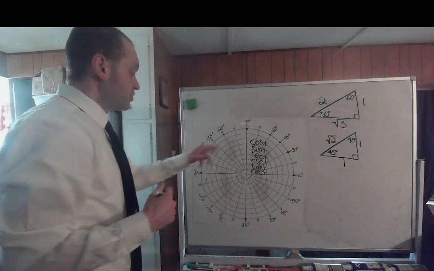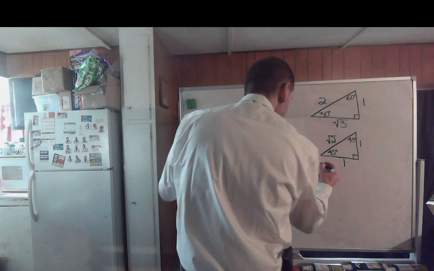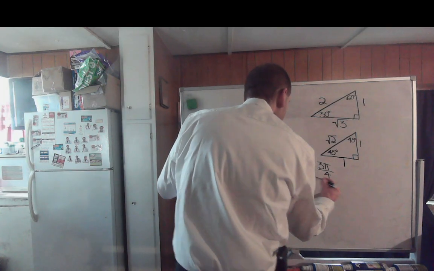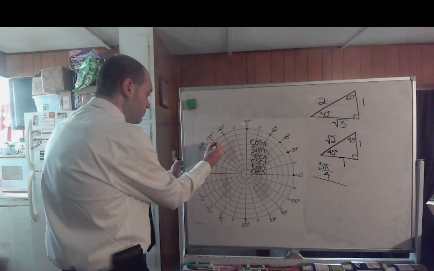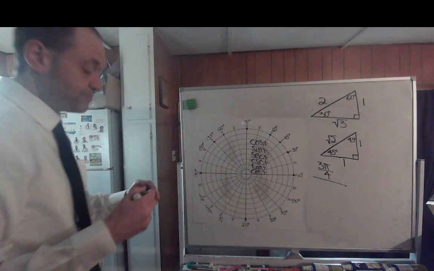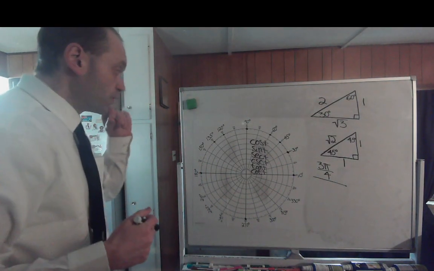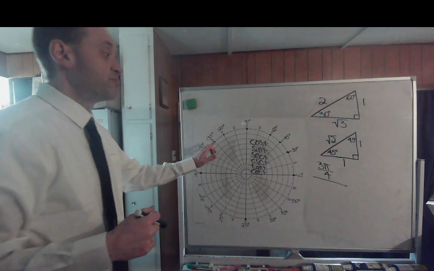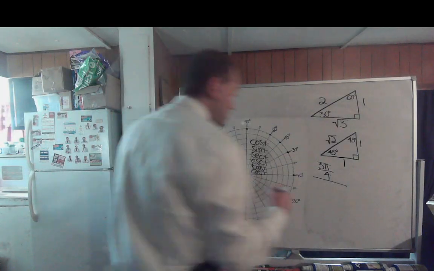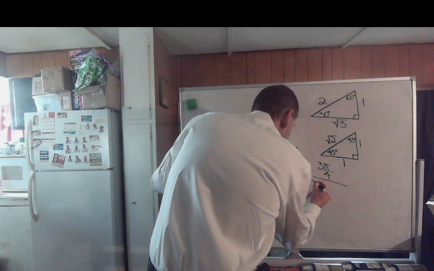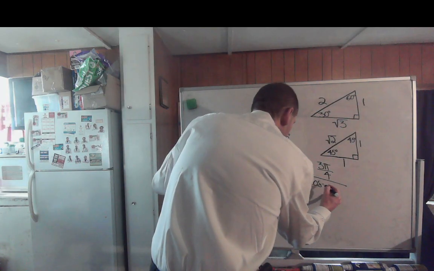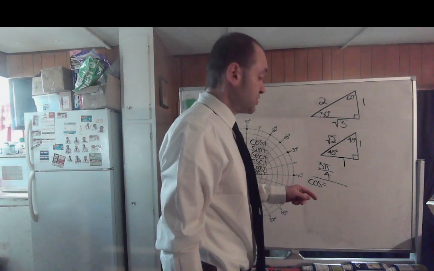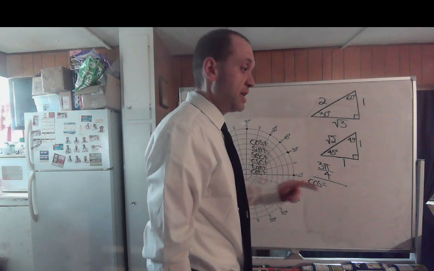All right, so let's do 3 pi over 4. Let's plot that. So 3 pi over 4, that means it's in the second quadrant, so your x is negative, but your y is positive. So your cosine of 3 pi over 4, that's a 45-degree angle. So you're going to take the cosine and then put a negative sign on that.